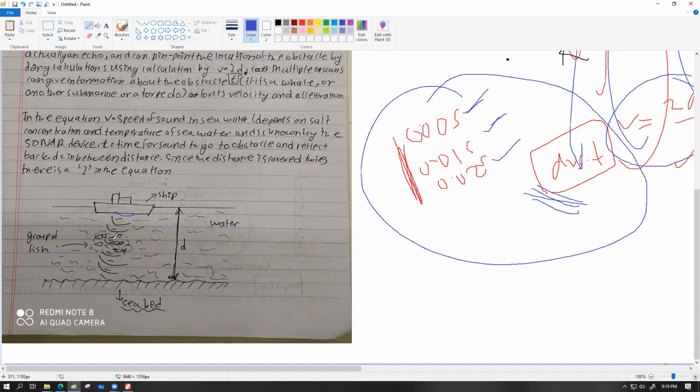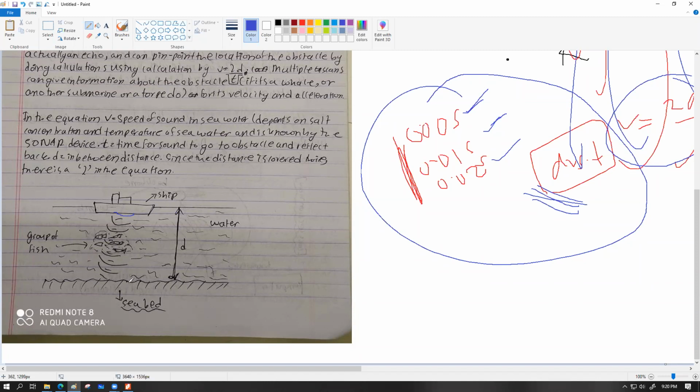But if there is a group or shoal of fish in this part, then they would also get some random reflections from the fish bodies as well.